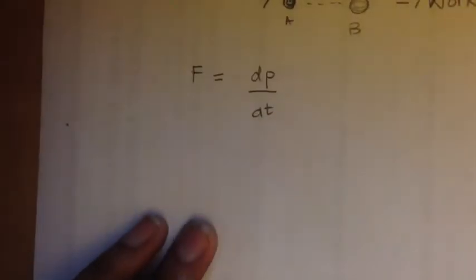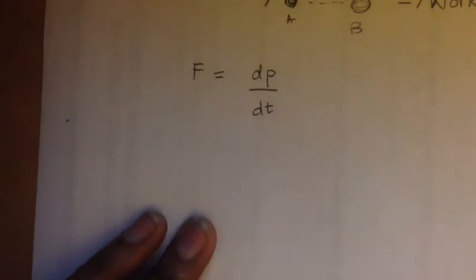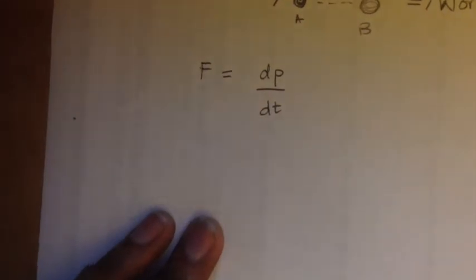And from that we know that force is equal to the derivative of momentum with respect to time. So now we can multiply both sides by velocity. So we have force times velocity equals dp over dt times velocity.